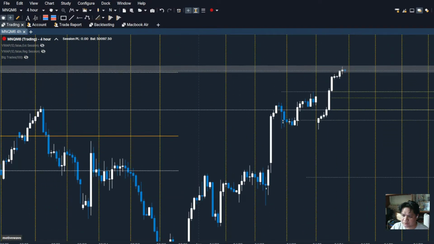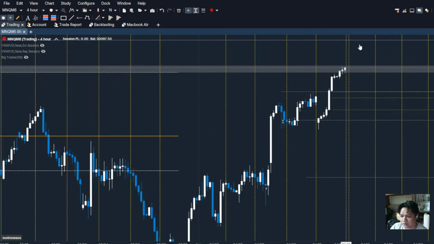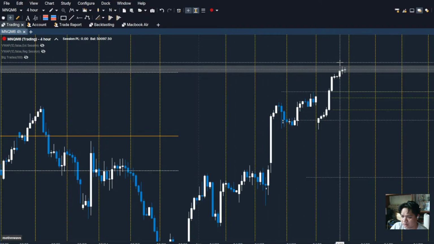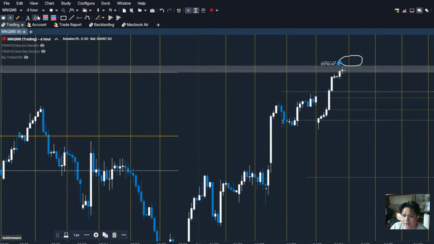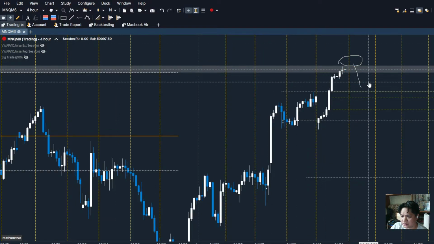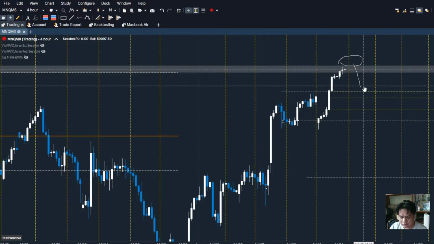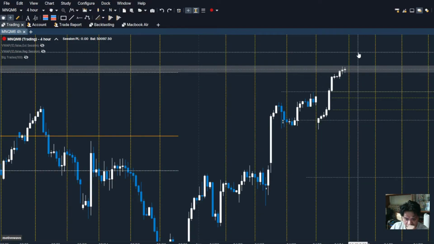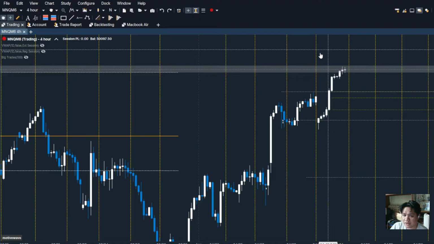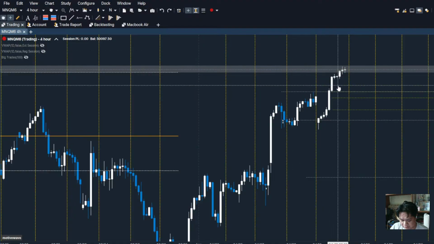So I'm actually expecting that the market will, at the very least, start to fail in this area, and start to then push towards the downside. That's what I'm expecting the market could be doing. So that's the idea here.